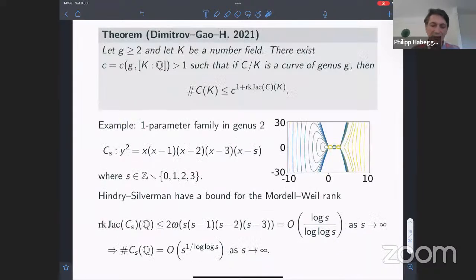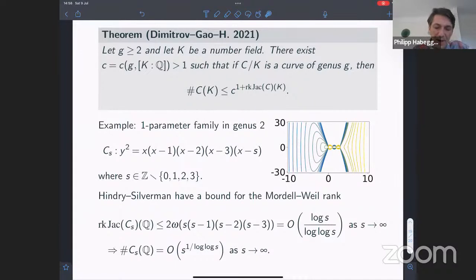On my last slide, let me come back to the original family of curves I had at the beginning, this family of genus 2 curves, y squared equals something of degree 5 in x, where the parameter s is allowed to take integer values except 0, 1, 2, and 3. It's presented on the right.